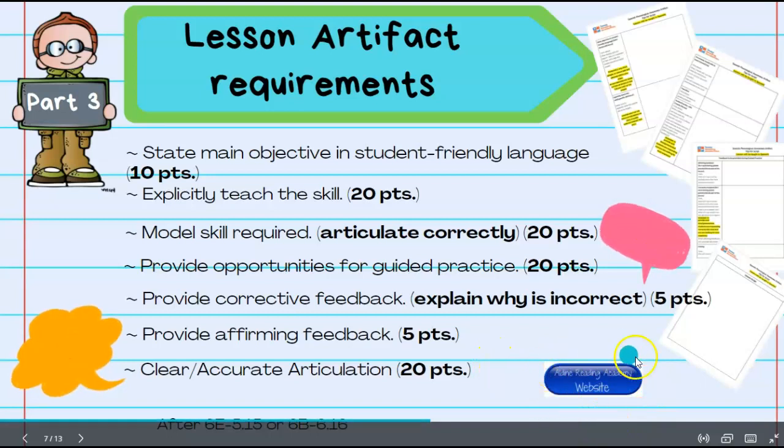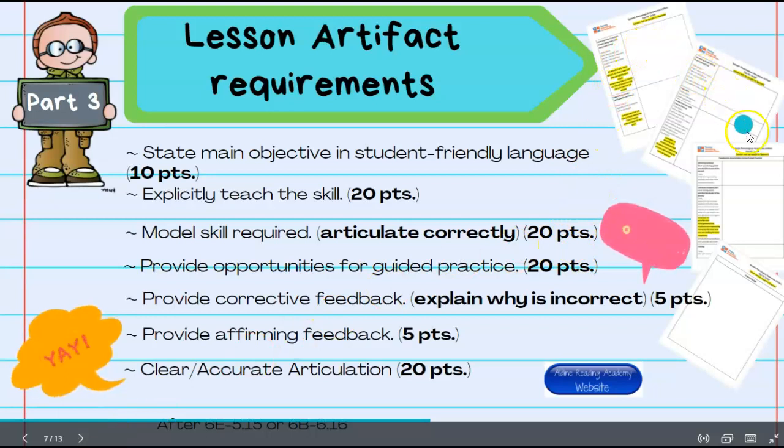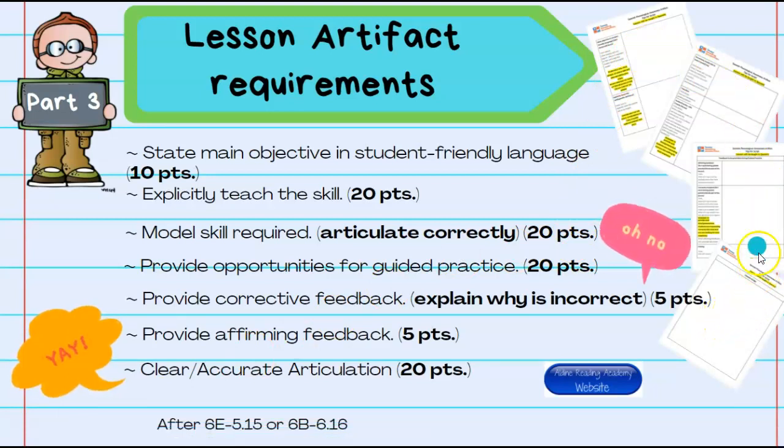If you go to the Aldine Reading Academy website, you can find resources that may be helpful to you for this artifact, and I will go there momentarily, but just know that that is available for you. So what we have included as well is this template.